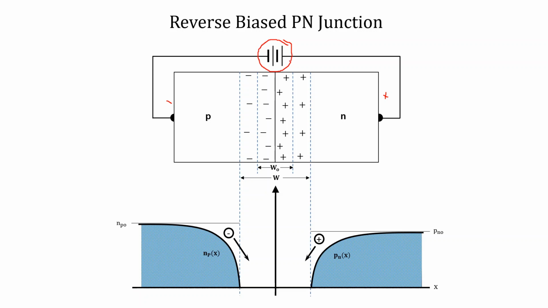So what will happen? An external electric field will set up in this direction. And as we have seen, the width of the depletion region increases.